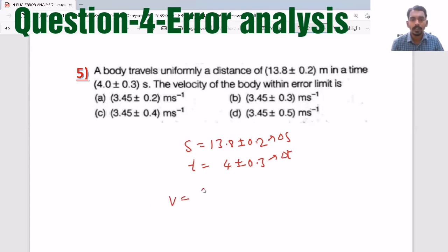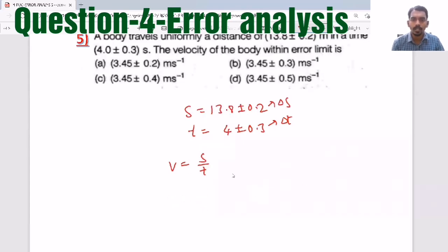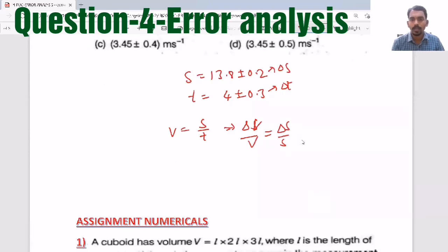Now they are asking for velocity; velocity equals displacement by time. Delta V by V equals delta S by S plus delta T by T.